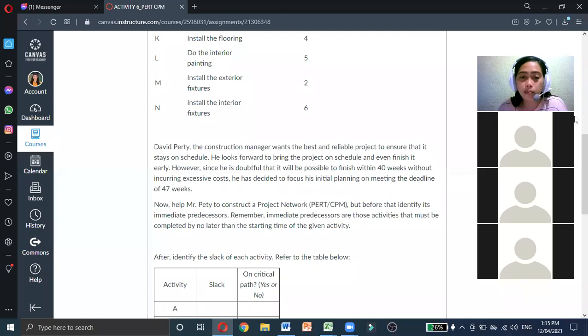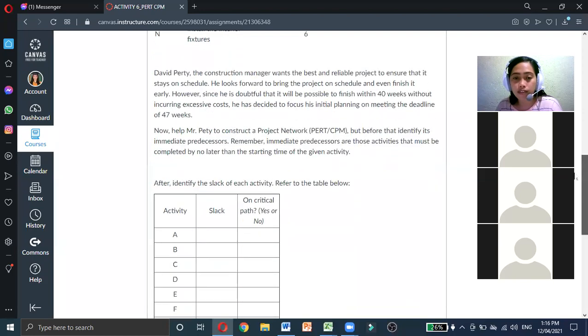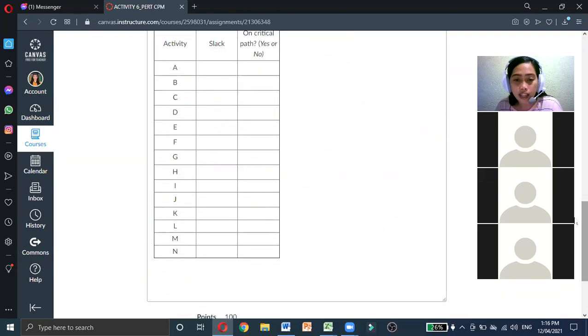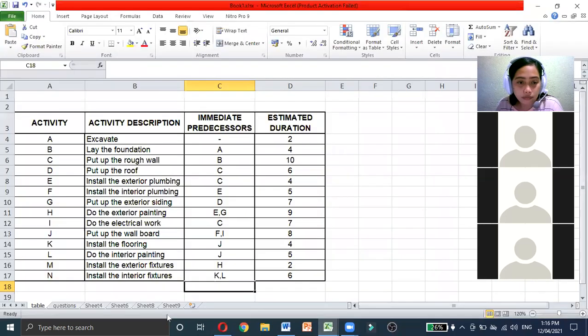Now, help Mr. Purty construct a project network, or the PERT CPM, but before that, identify its immediate predecessors. So we are done identifying the immediate predecessors. Remember, immediate predecessors are those activities that must be completed no later than the starting time of the given activity.